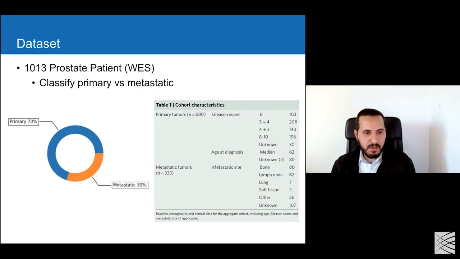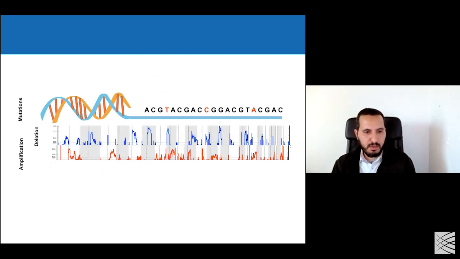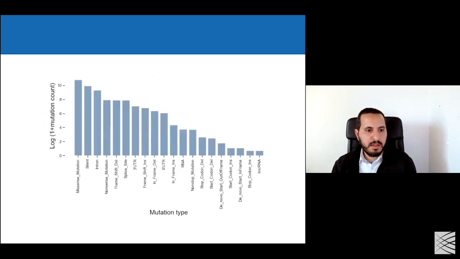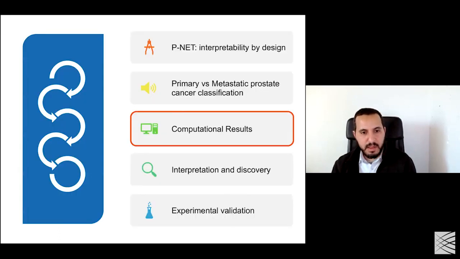And using just the genomic profile of these patients, where we have the mutations, the deletions, and the copy number amplifications, we tried to model this process and solve the problem as a simple classification problem using our PNet, and compare this with other models as well. So I'll skip this. This is not very relevant here, but for the computational results, I can go quickly.